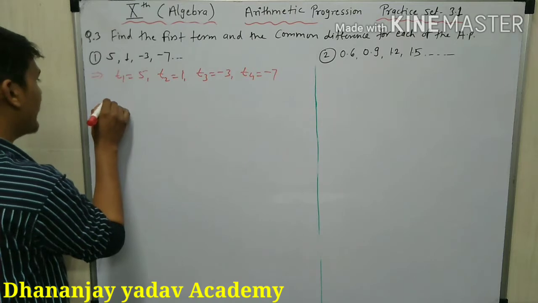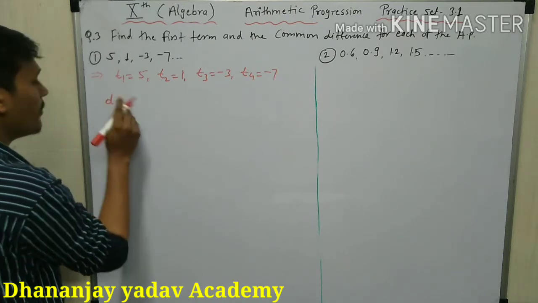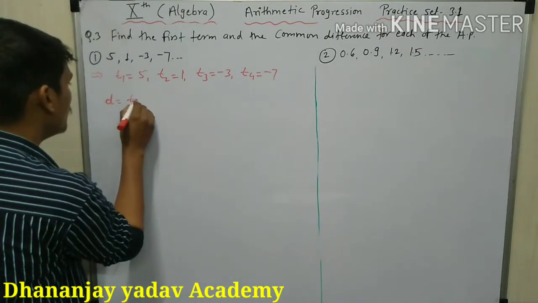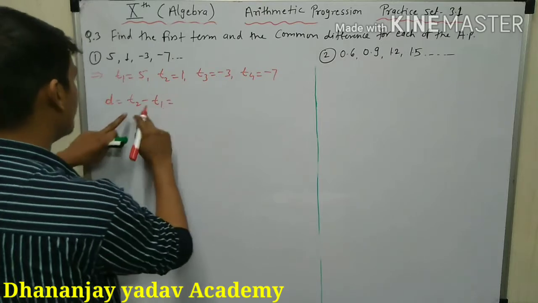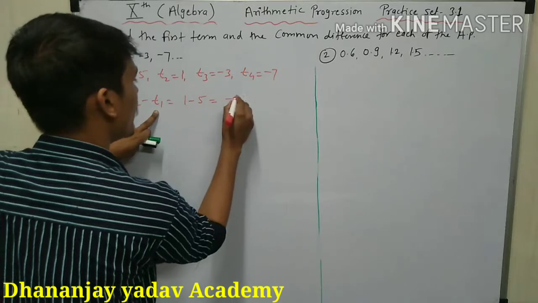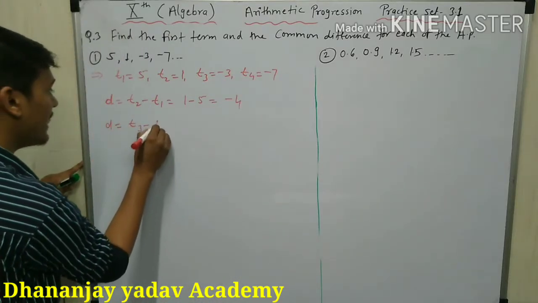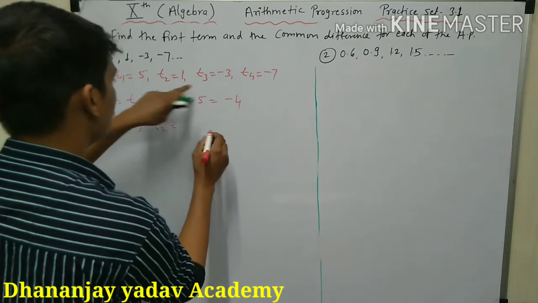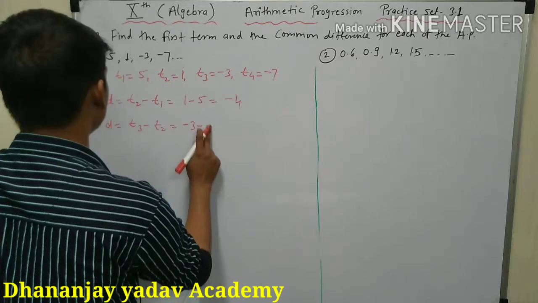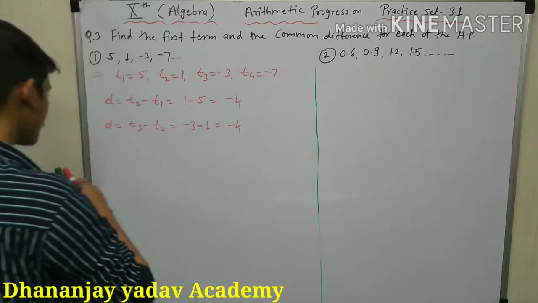Now second, find out the common difference. Common difference is denoted by D. How to find the common difference? Second term minus first term. T2 minus T1 is 1 minus 5, which is minus 4. Now D is equal to T3 minus T2: minus 3 minus 1 is equal to minus 4.